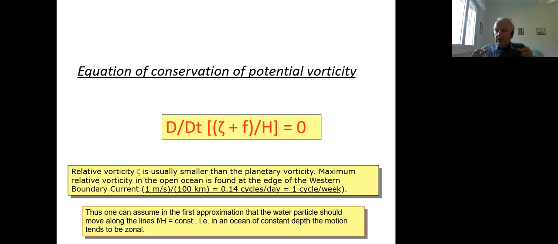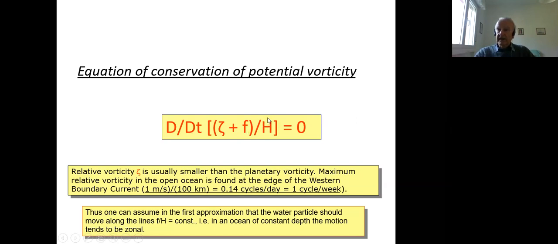So if you follow the water column which is moving, the potential vorticity has to be conserved. What that means? That means that zeta plus f divided by h has to be constant.